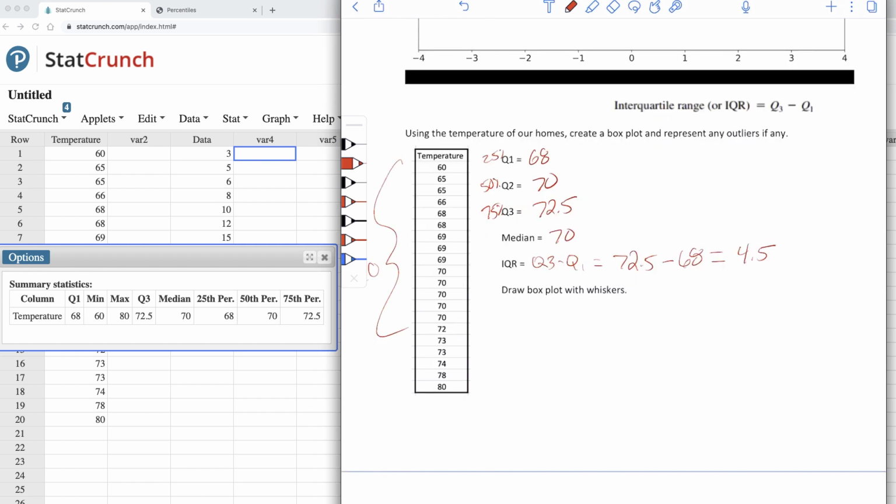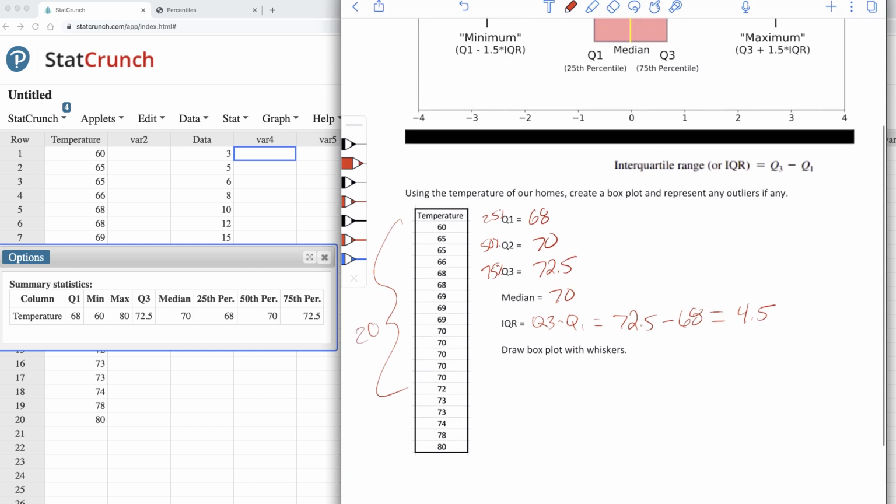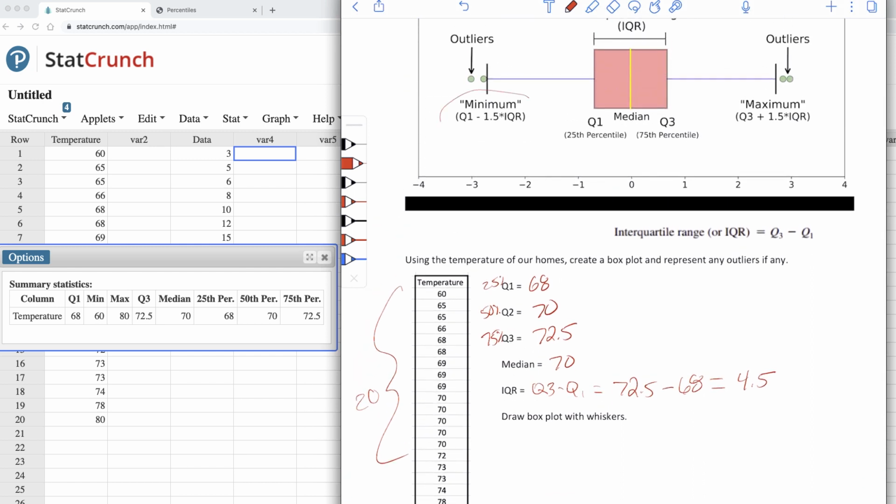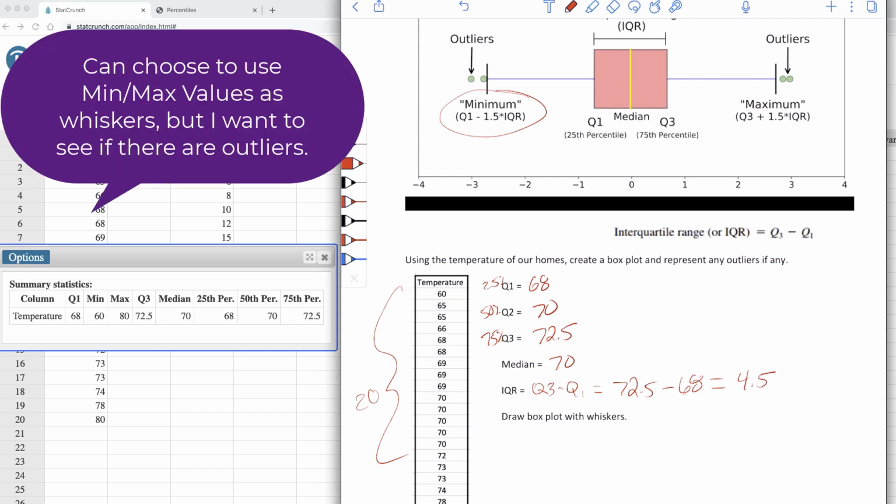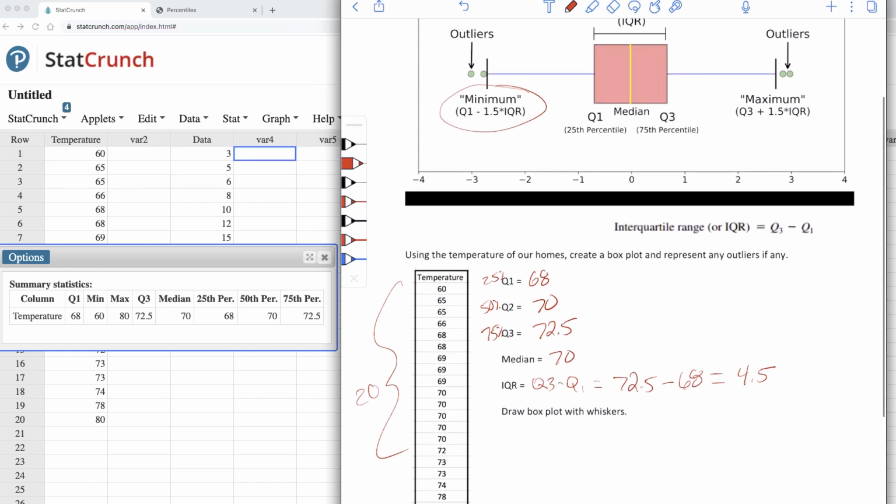So before we draw the box plot, I want to find out how long the whiskers are supposed to be. They're supposed to be Q1 minus 1.5 times IQR. So let's do that minimum, since we're not going to use the minimum from the data list. The 60 is the minimum and 80 is the max. Let's try to find if there's any outliers. So we will want to use this to do that.